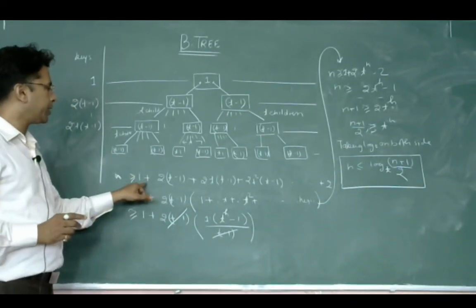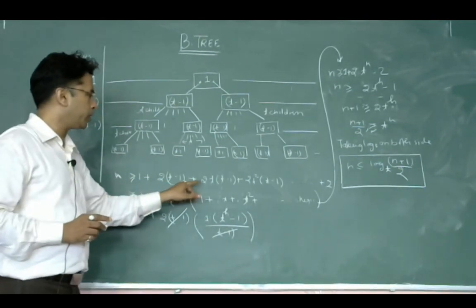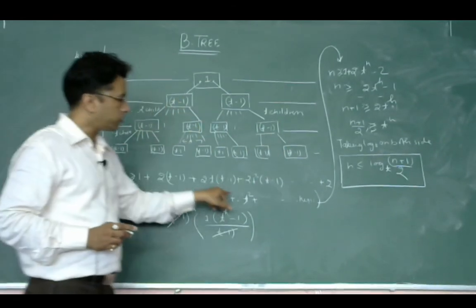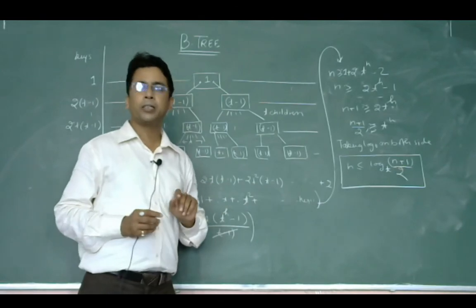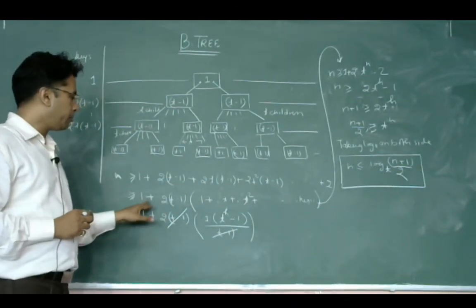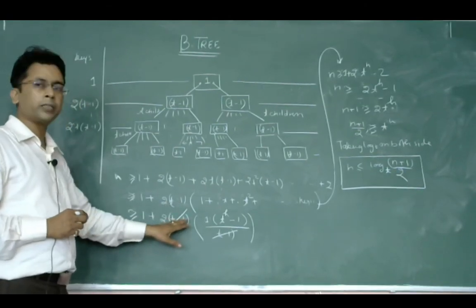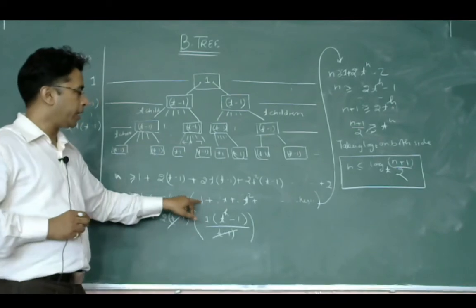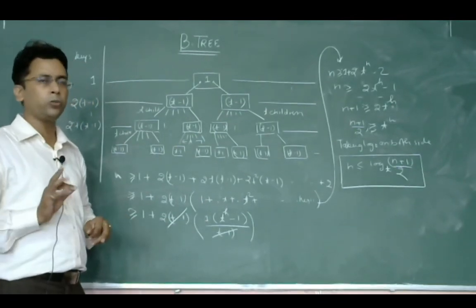So n is greater than 1 plus 2 into t minus 1 plus 2t into t minus 1, and we have added all these elements. This will go on up to the height of the B tree, and taking 2t minus 1 common, we are getting a GP series where a is equal to 1 and r is equal to t.